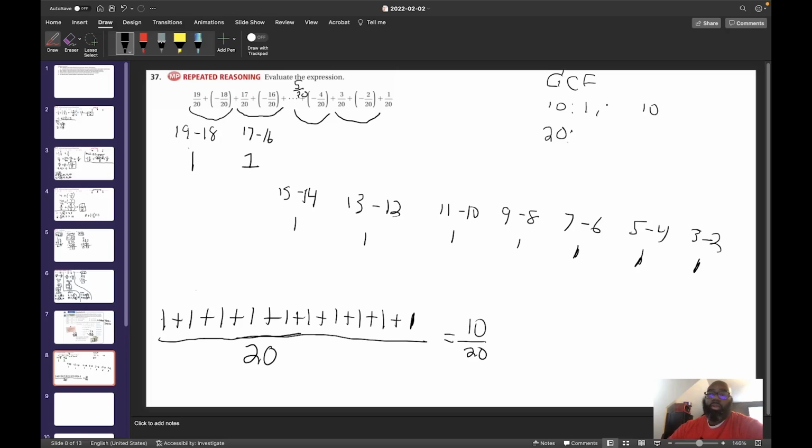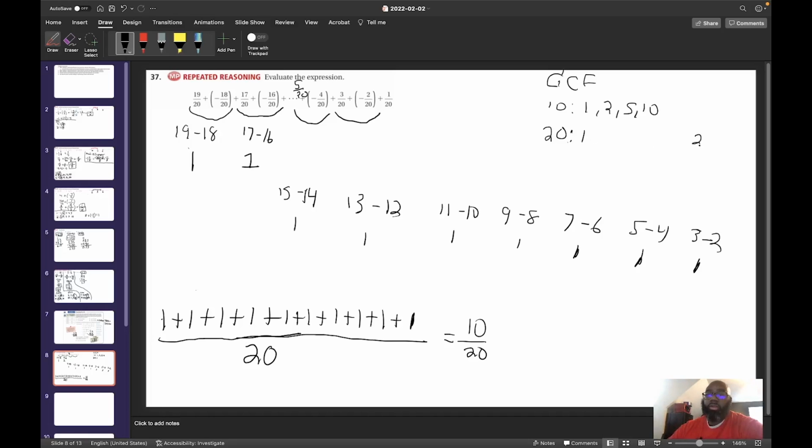Then we got 2 and 5. So 20 is going to have all the same ones of 10. So 1, 2, 5, and 10. And it's got 4 actually. So let me put one more in there. Let me do it this way.